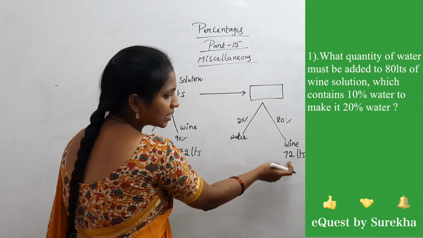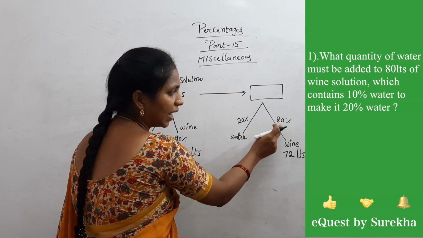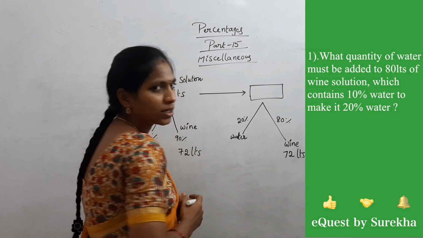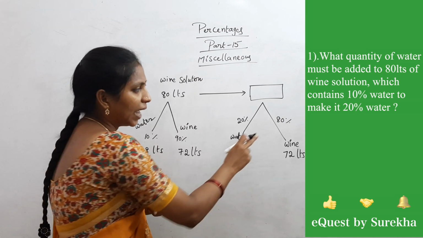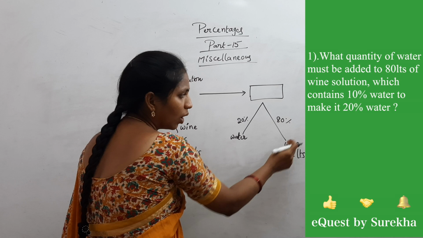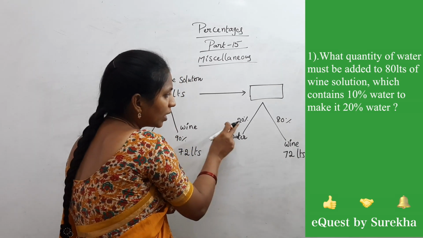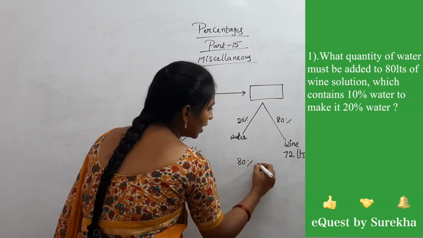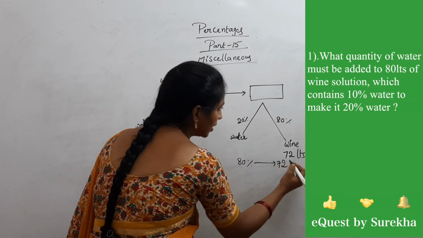80% is equal to 72 liters of wine. So what is 20%? Here 80% equal to 72 liters.